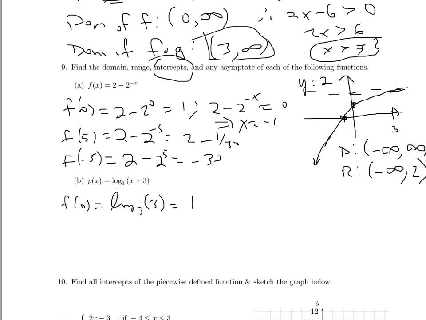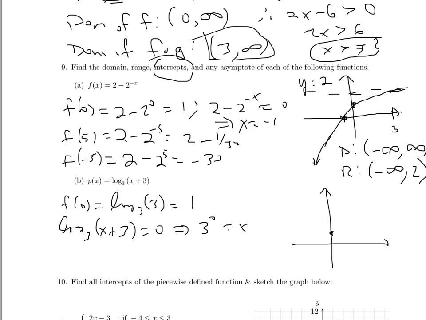And so this graph has a y-intercept at 0, 1, and the x-intercept happens when the y-coordinate, in other words the formula, is equal to 0. And to solve that, we could change that to exponential. So 3 to the 0 equals x plus 3. And so x plus 3 equals 1 happens when x is negative 2.